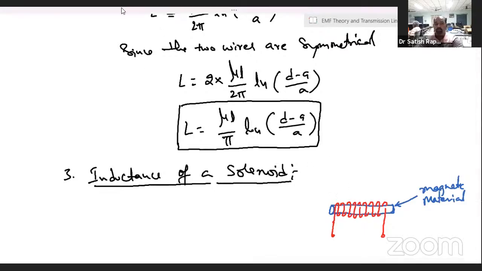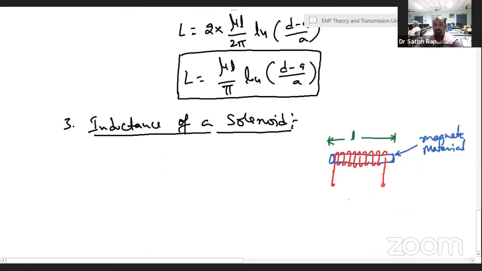So this is a solenoid: a magnetic material wound by a conducting coil, and the length of the magnetic material is L.